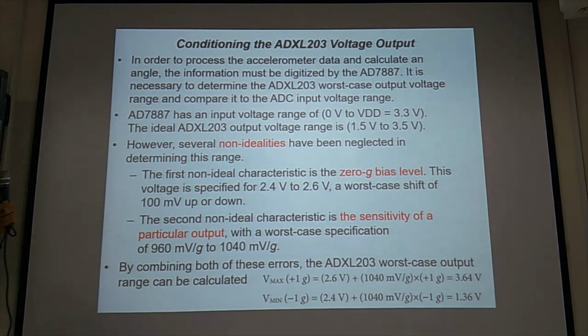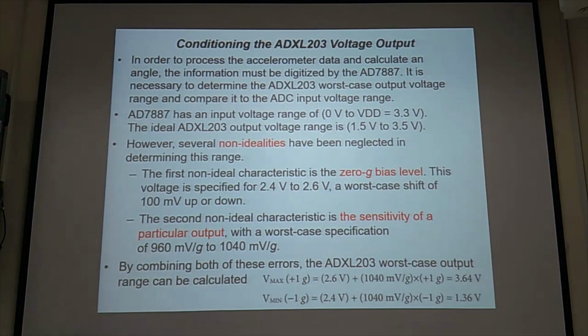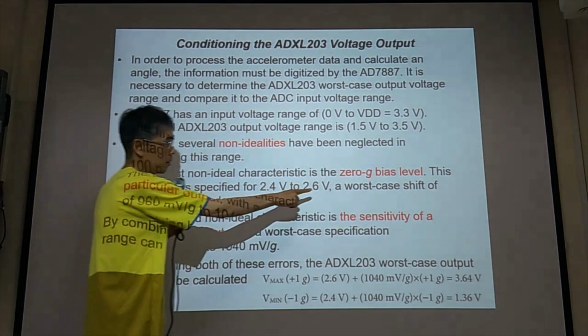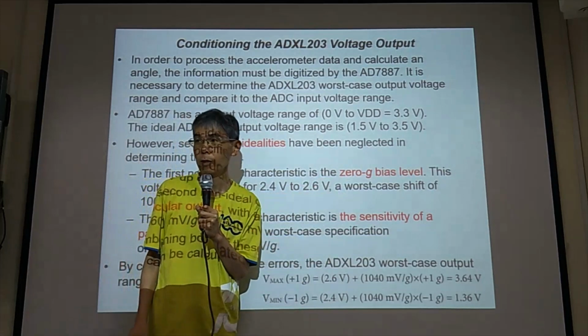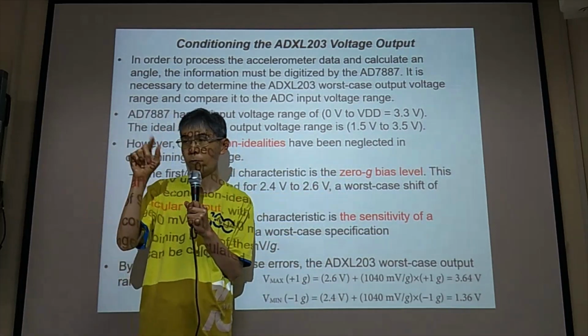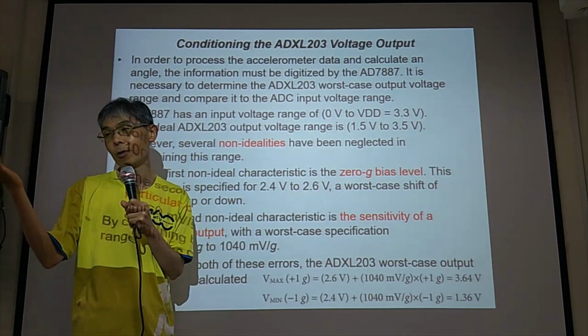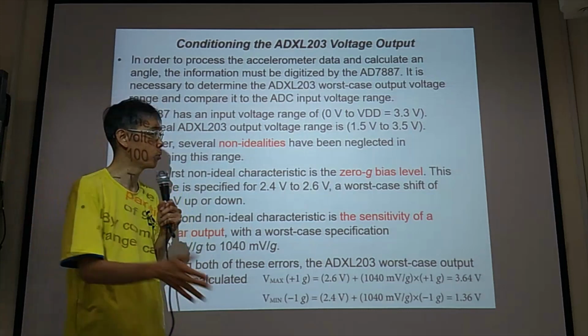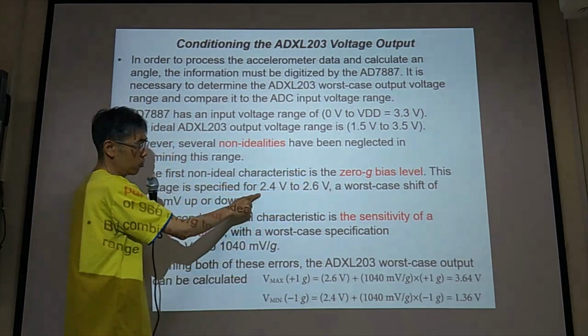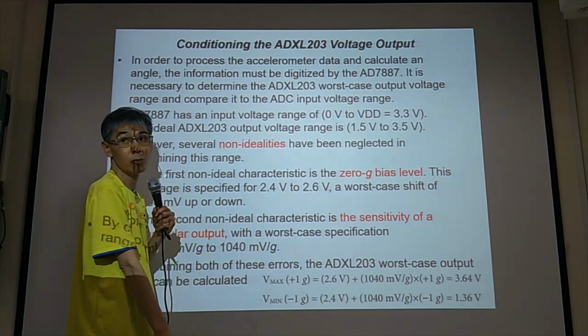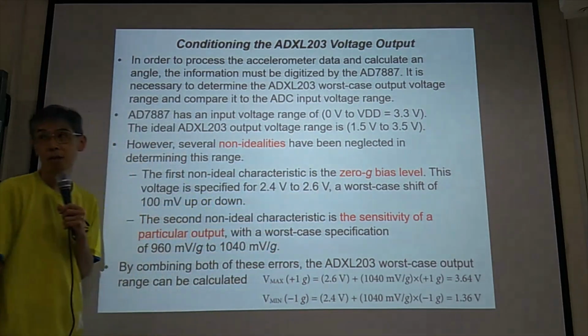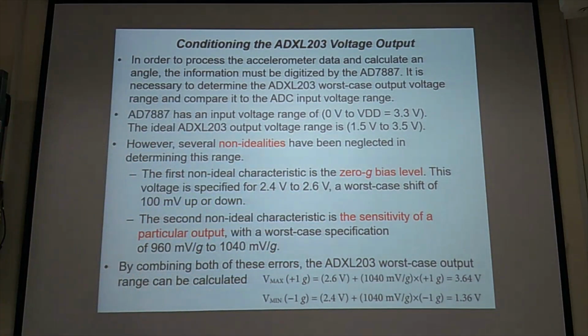So this is one problem. We have other problems. The 0G bias level. The perfect world is 2.5 V, but we have done something wrong. Something just caused the output. The 0G bias could be 0.4 volt. It could be 2.6 volt. So then the second problem is the sensitivity.